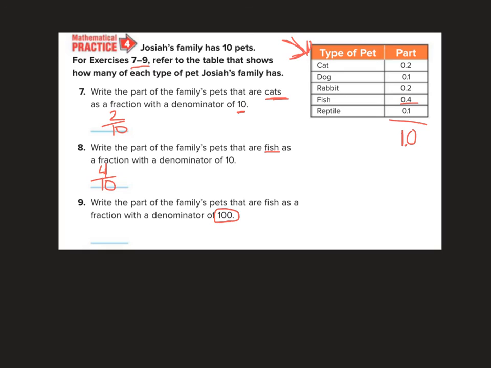I was like, wait a minute, we already did fish. Okay, so 4 tenths. If I want the denominator to be 100, I can do equivalent fractions. So I can get 40 out of 100. And if I were going to write that as a decimal, I would write it with just another 0 on the end. It equals the same.